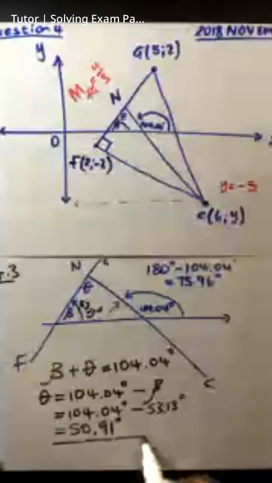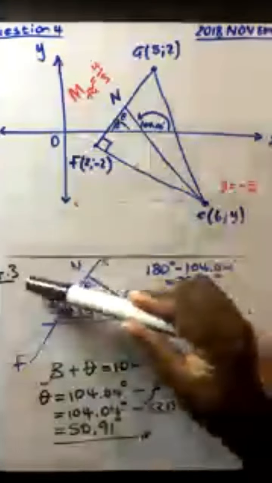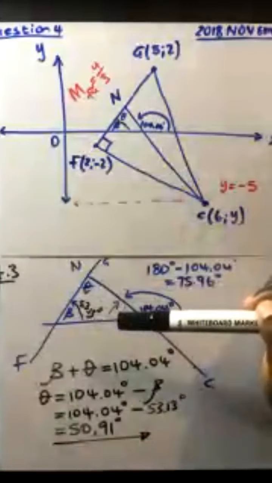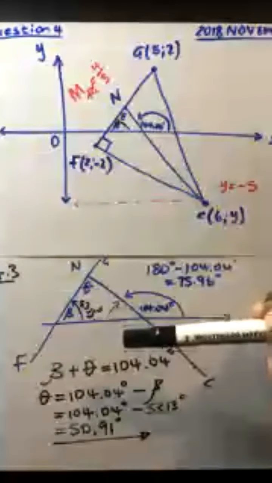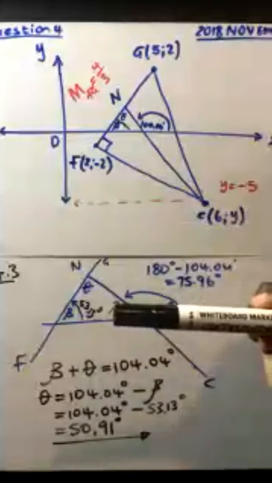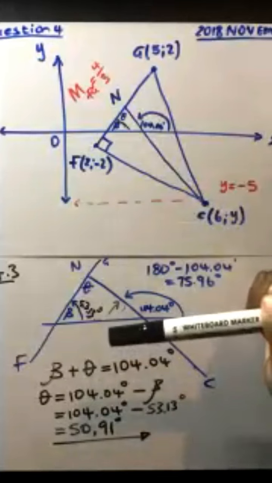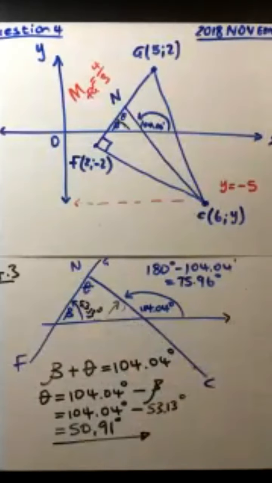50,91 degrees. So ladies and gentlemen, this is an indication that for this question of 4.3, we've got at least two possible ways in which we can answer that question. So guys, before we move to the last question, are we all on the same page, or is there someone who's got a question?